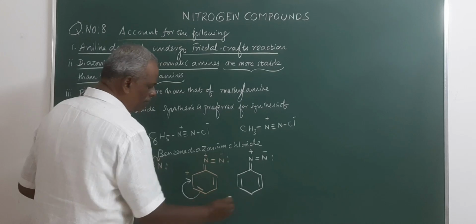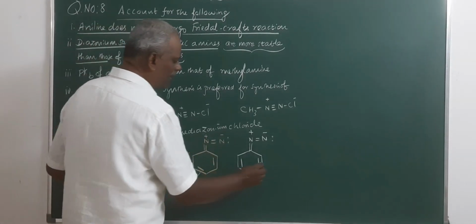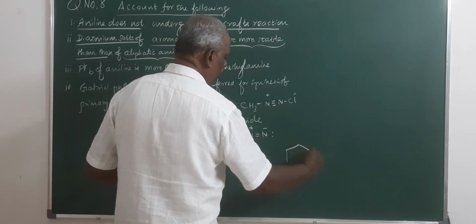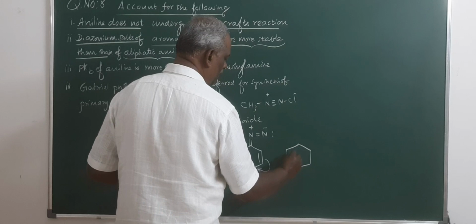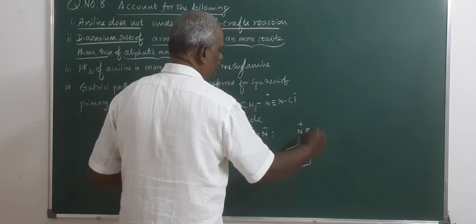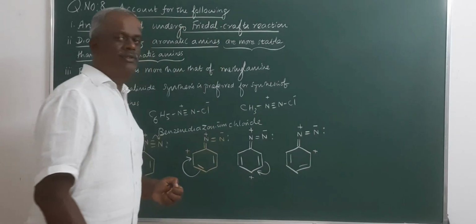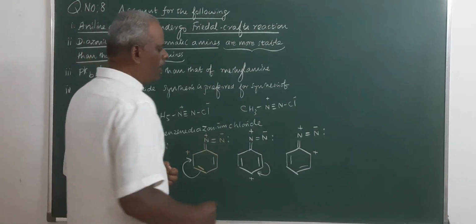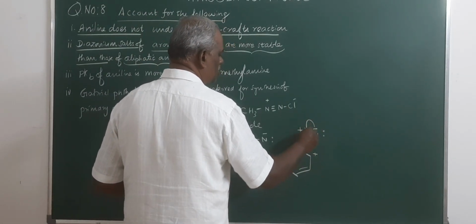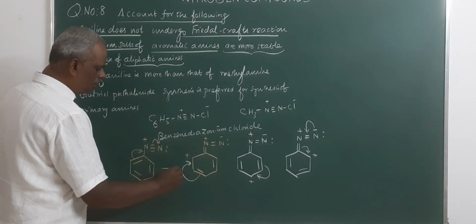Now due to the breakup of this bond, this position carries plus. To compensate that, this pair of electrons moves, so that we can have the other structural formula. This position carries plus. Now the bond breaks and this pair of electrons moves back, so that we get the original structure.